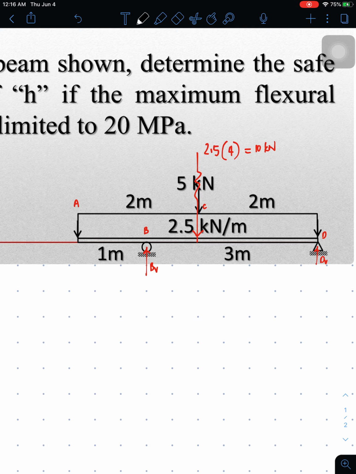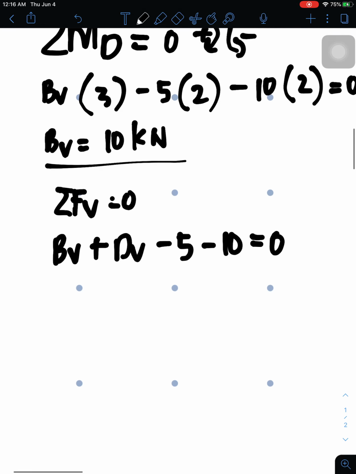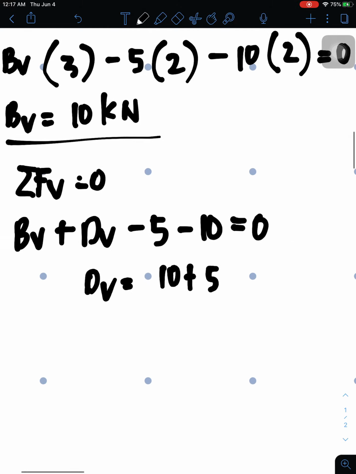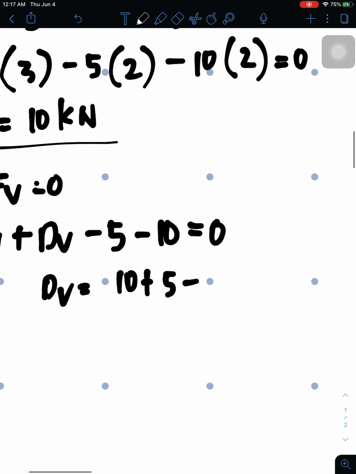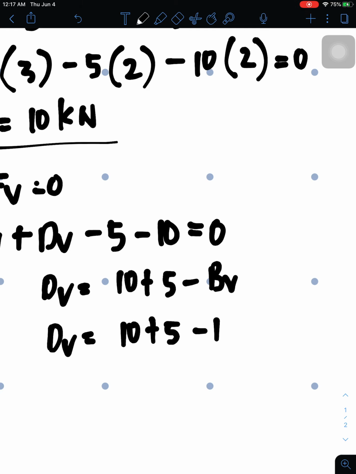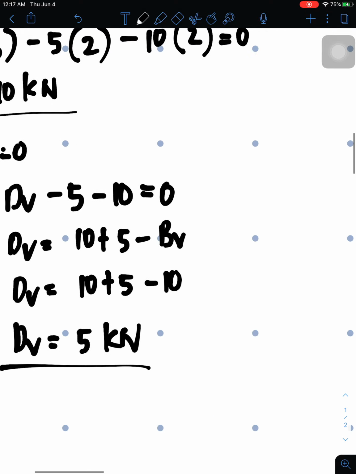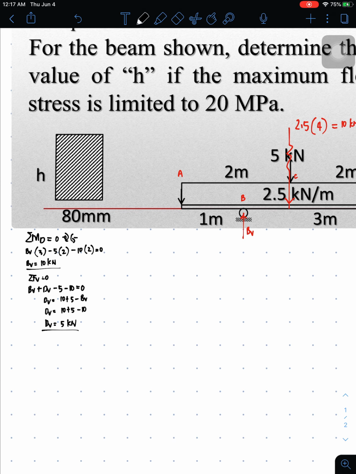So there are 4 forces. And here, DV is equal to 10 plus 5 minus BV, and DV now is 10 plus 5 minus 10. DV is 5 kilonewtons. Alright, so we're through with the reactions.